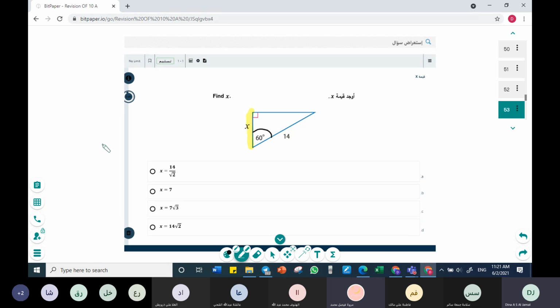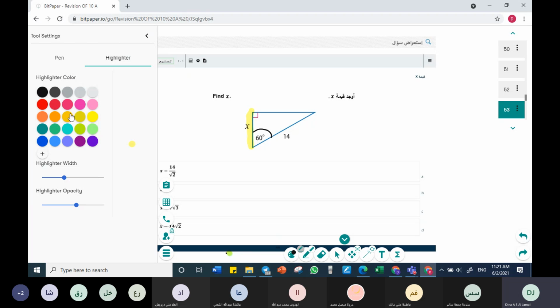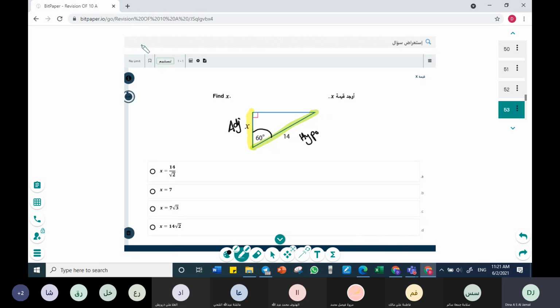Let me ask you a question. Whether you or Aisha or whoever can answer me. You told me that the adjacent is x. Why didn't you tell me that it is 14? Why is it not 14? So you told me that this is the adjacent and this is the hypotenuse. Why is it not the opposite? Because the longest is the hypotenuse. Excellent.